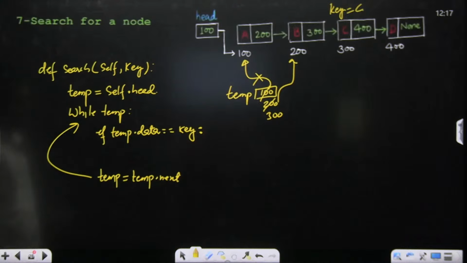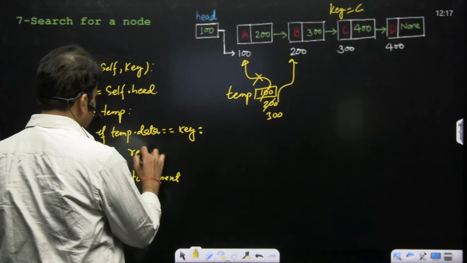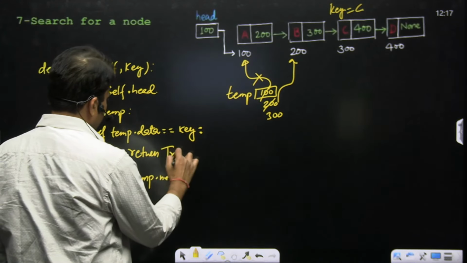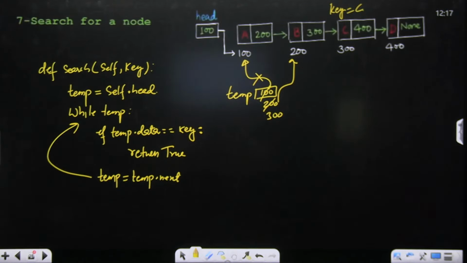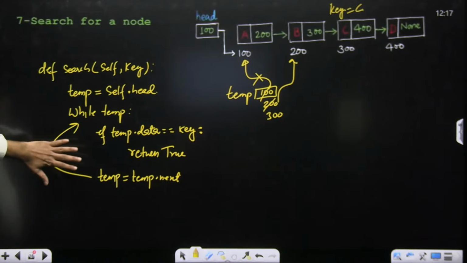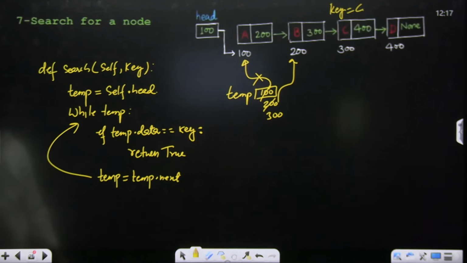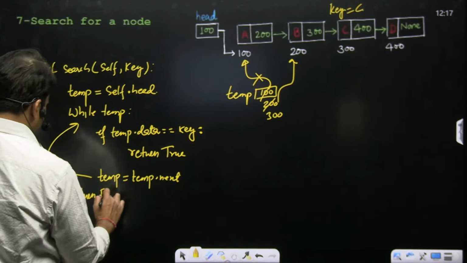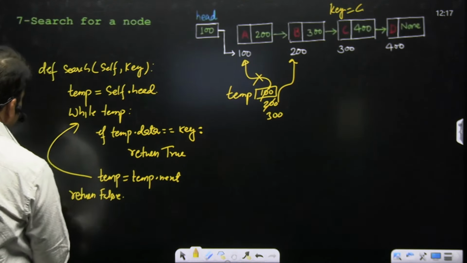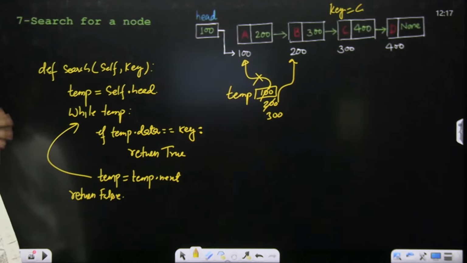Return true or the data. If after the entire loop the key is not available, return False. This is the code for searching. What is the time complexity?